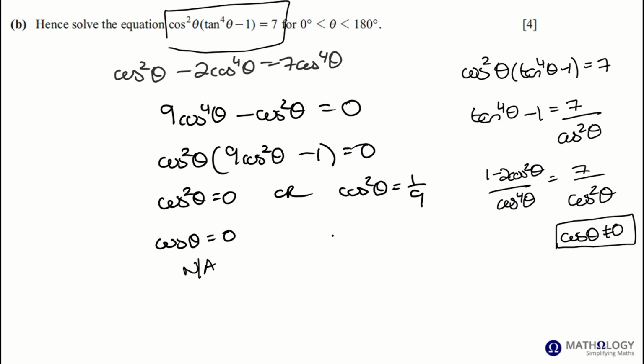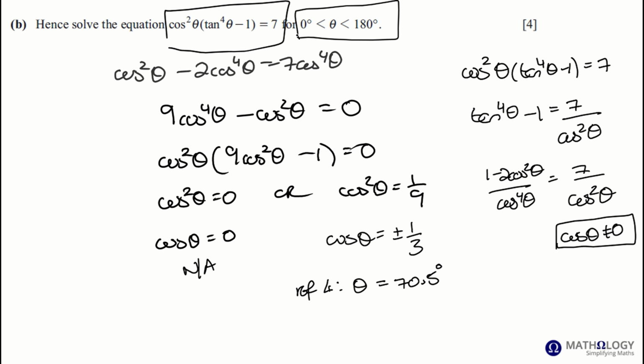So the only solution will be cos theta equals plus or minus 1 over 3. We now establish a reference angle. Theta will be 70.5 degrees. Now, the domain is theta is between 0 and 180. So if we look at the CAST diagram, we're looking at these two quadrants, quadrant 1 and quadrant 2.